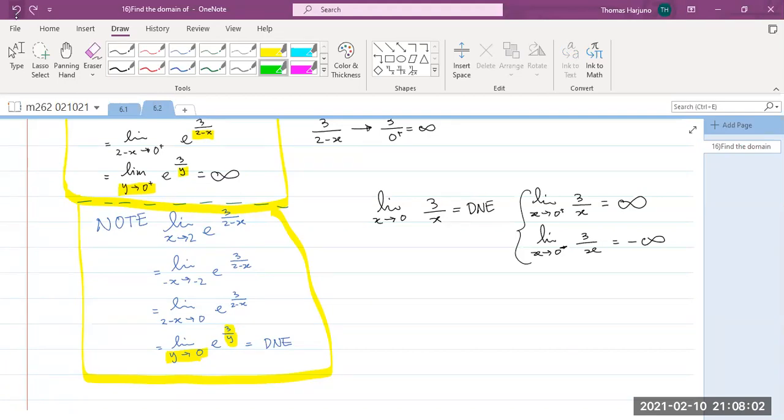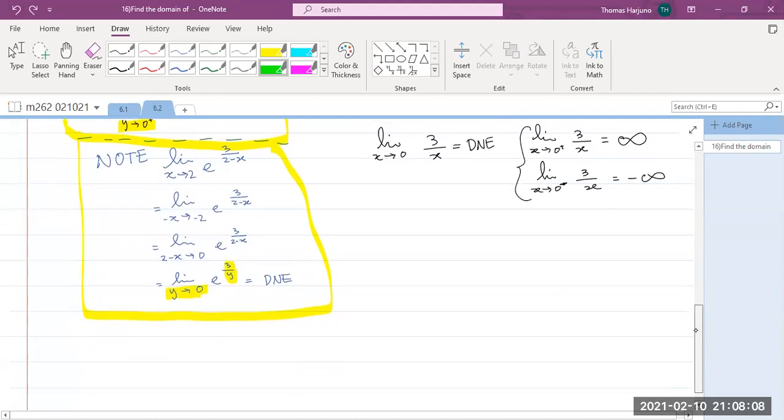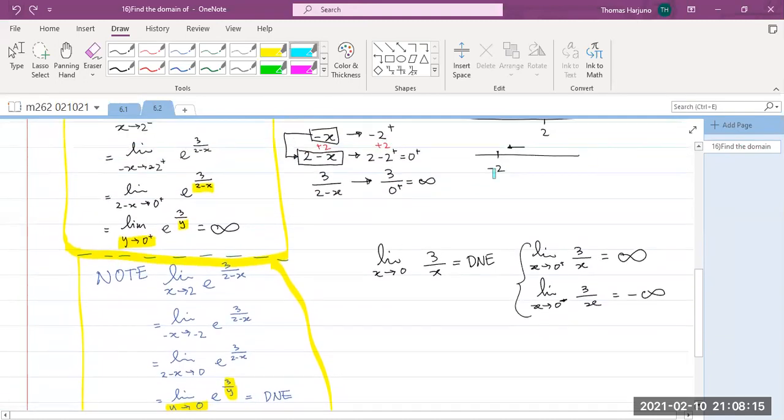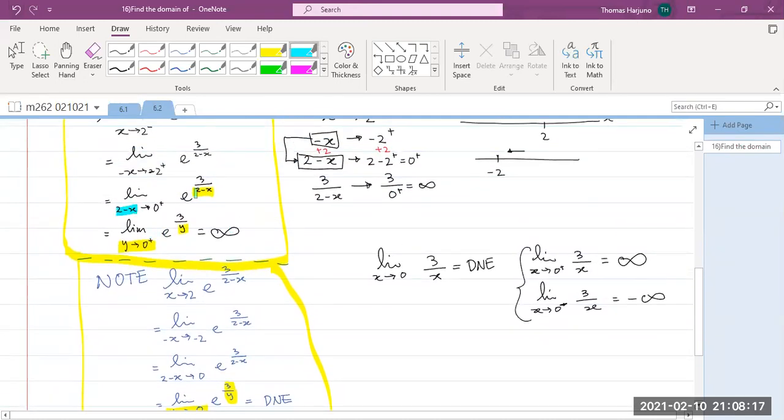And at the end, why did you switch 2 minus x to y? I just try to show you that because we get used to having y or x approaching 0, like a variable approaching 0 from the positive side, instead of an expression approaching 0. So I do substitution basically there. Oh, okay, just a simple substitution. So in other words, you don't need to do the last step.